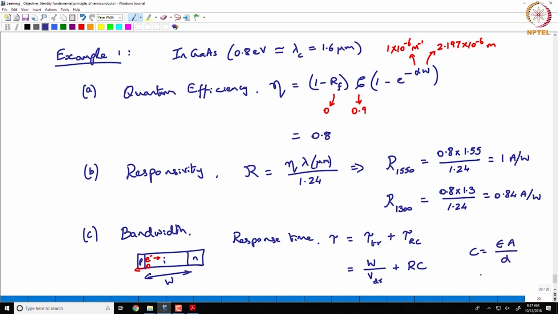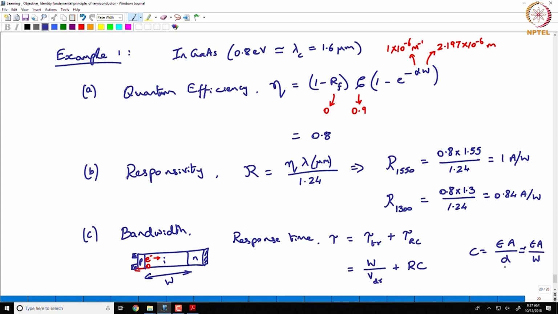In this case, if you look at the structure, the electrodes are over here. It's between this electrode and this electrode that we are considering. So, what is d here? That corresponds to the width of this entire structure, which you can approximate as W. So, you can write it as epsilon A over W.